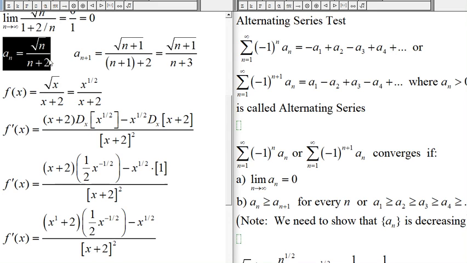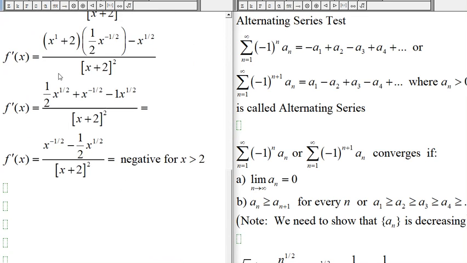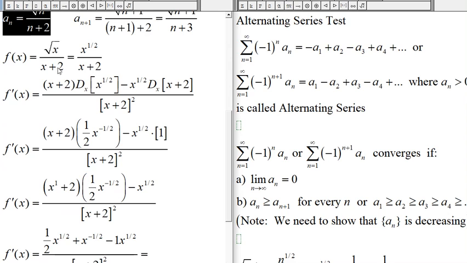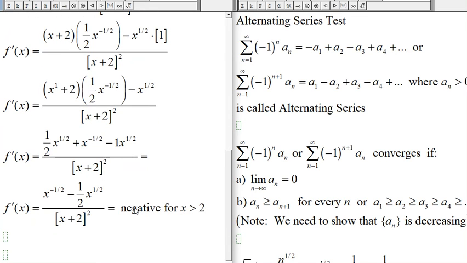And so since we have just shown that the derivative function is negative for x greater than 2, what that means is that this function right here, the square root of x divided by x plus 2, is decreasing beginning at x equal to 2.